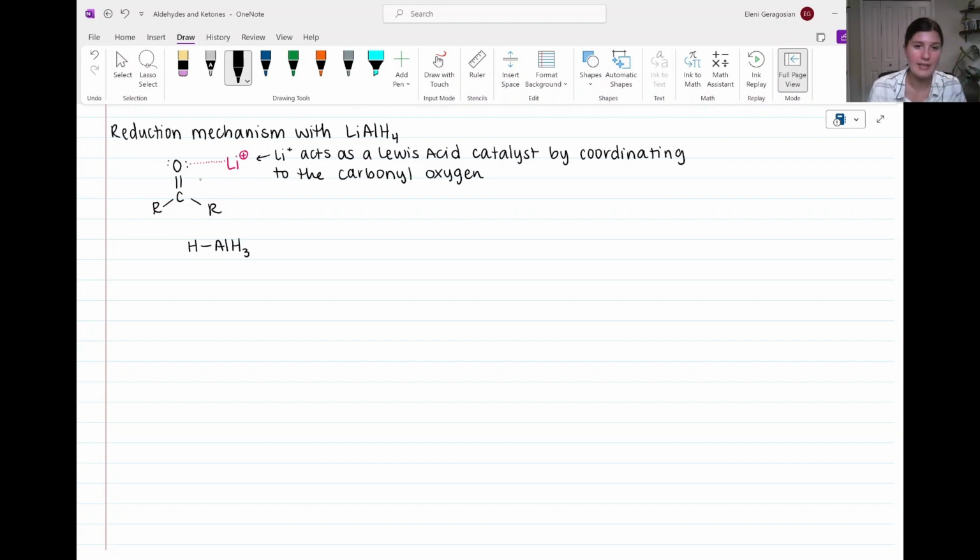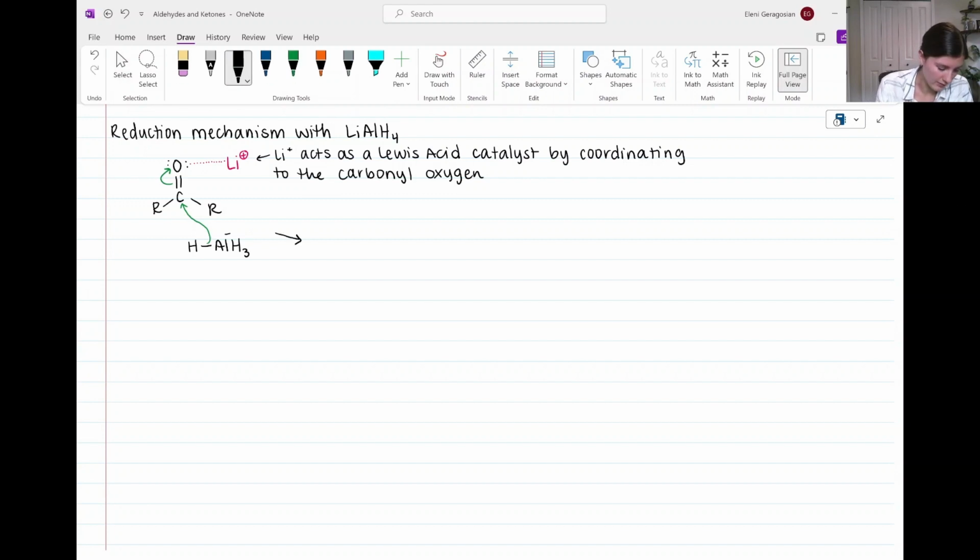There are 4 hydrogens total. We will emphasize one bond to one of the hydrogens to show that that is what is then being added. So the hydrogen with the electrons in the bond, we show that by the arrow starting at the bond. Those electrons will donate to the carbonyl carbon, and the electrons in the pi bond are then owned by the oxygen.